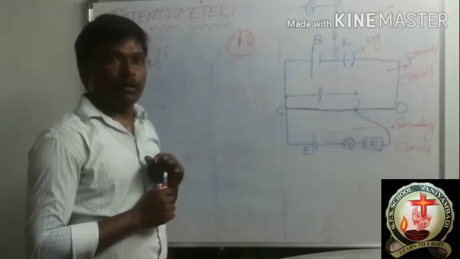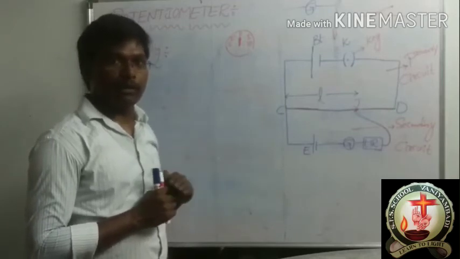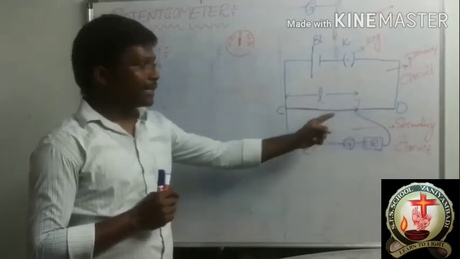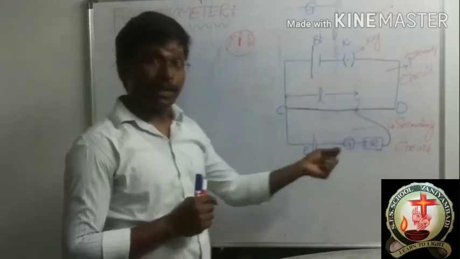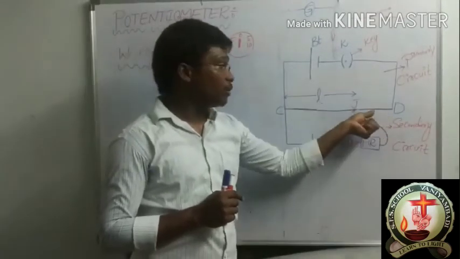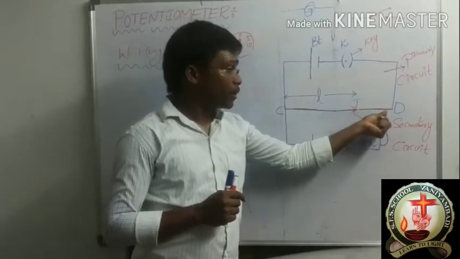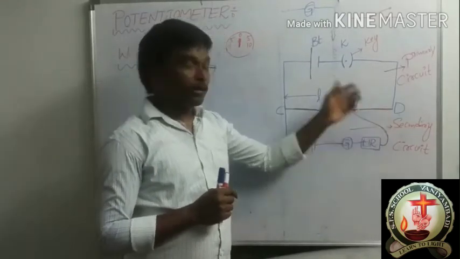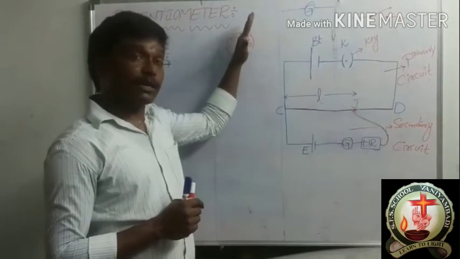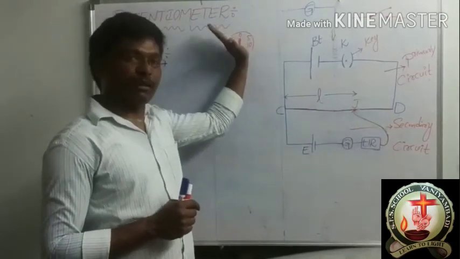Now I am speaking about the working of this potentiometer. In that working, I take the jockey and keep it on the potentiometer wire. Whenever the jockey is kept on the potentiometer wire, this galvanometer shows some reading, 10, 5, 8.